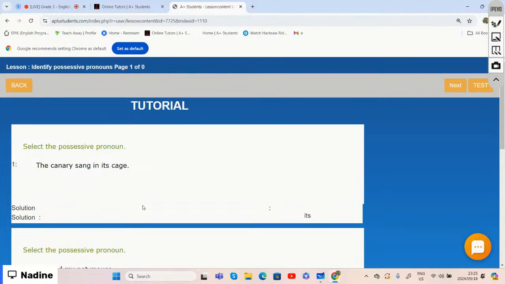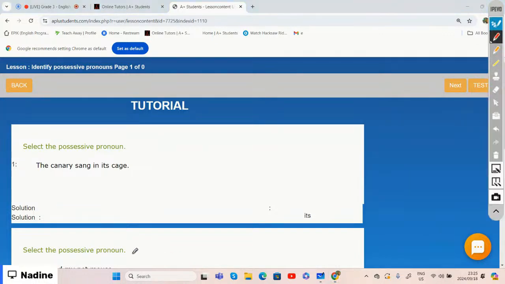So the canary sang in its cage. What is the possessive pronoun within that sentence? All right, if we were to identify the possessive pronoun, then we say the canary sang in its cage.